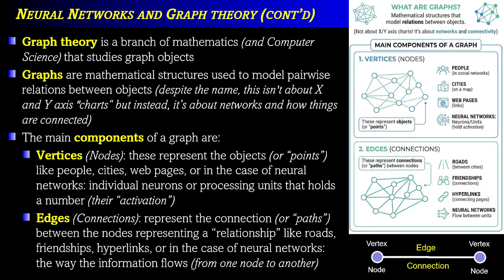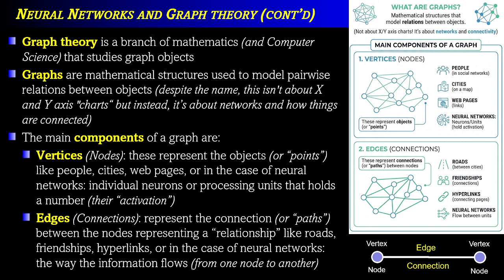The edges or the connections are the way or the path between the nodes, or an edge between vertices, right? They represent a relationship. For example, in the analogy of cities on a map, they could represent roads that connect the cities.